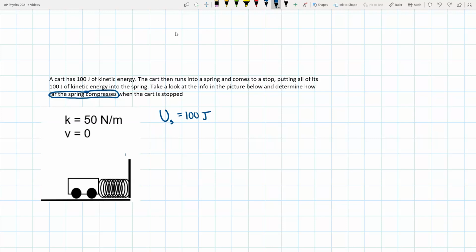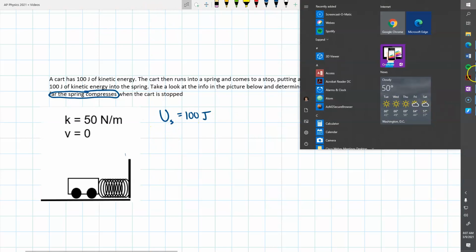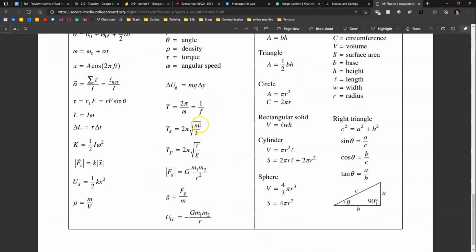So we're being asked to determine how far, so that would be delta x. So we need to know what this spring energy is. Let's take a look at our equation sheet. Spring energy right there. So potential spring energy equals 1/2 the spring constant times how far it's stretched squared.